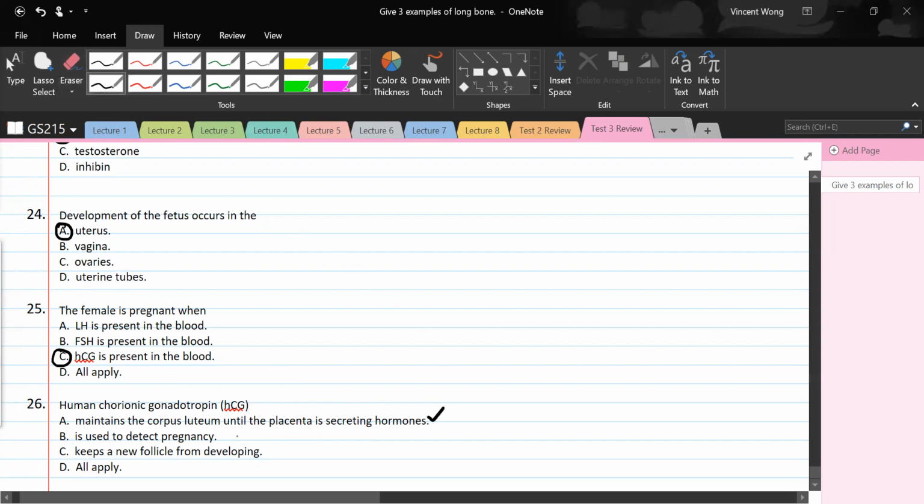So that's good. But keep reading on the test. It's used to detect pregnancy. That's correct as well. And it keeps a new follicle from developing, which makes sense. You're already pregnant. You don't need another follicle at this time. Like there's no period during pregnancy. So the answer is all of the above.